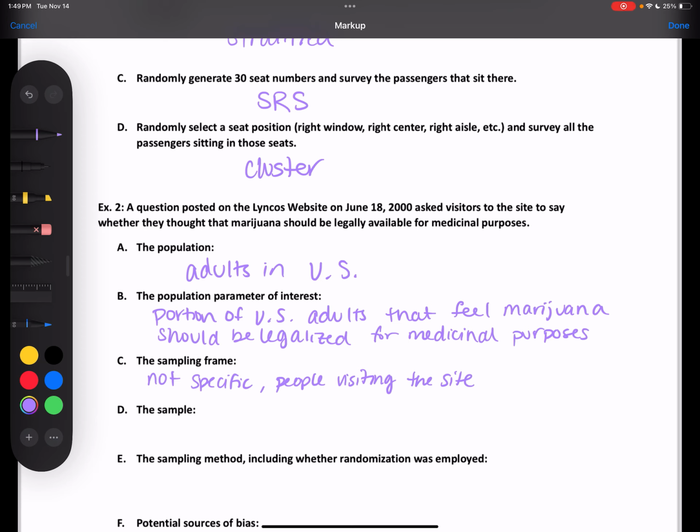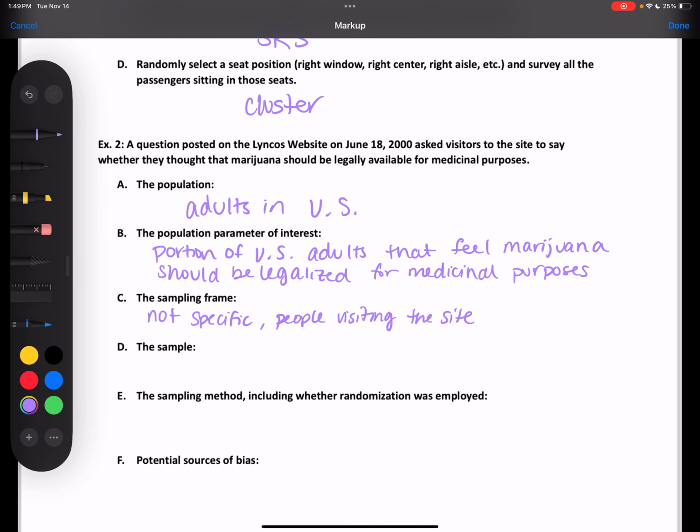I don't know enough about this website to know what the typical population is that would be going to that site where it's going to be asked. So the sample then is what? People who respond to the survey on the website. Okay, so specifically those who visited the website and responded to the survey.